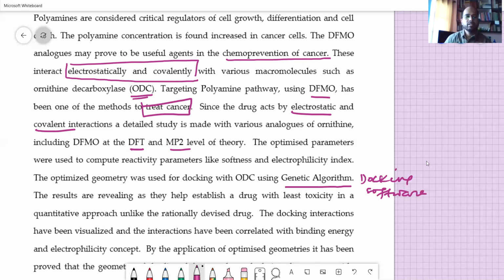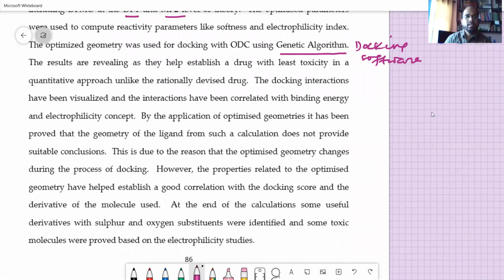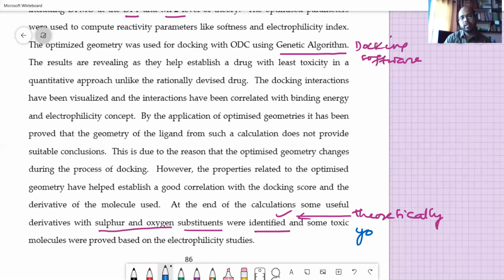The docking interactions are visualized and given there. At the end of the calculations, some useful derivatives with sulfur and oxygen substituents were identified, identified theoretically, so that you can later prepare these derivatives in the lab.